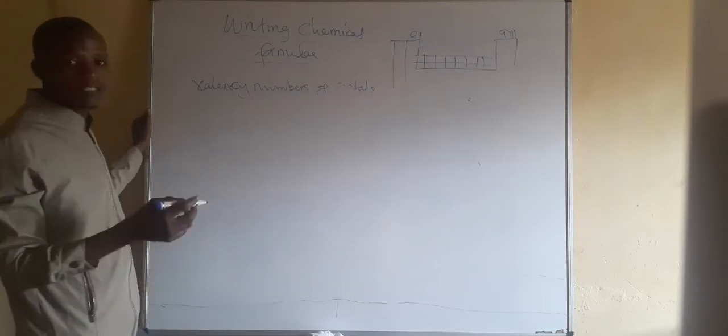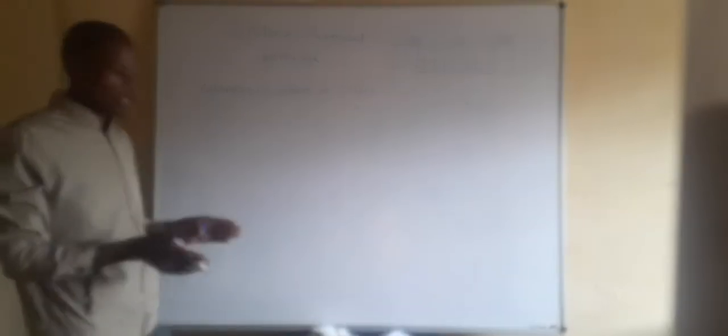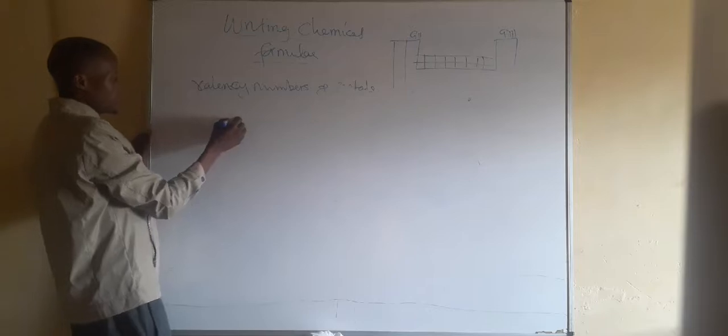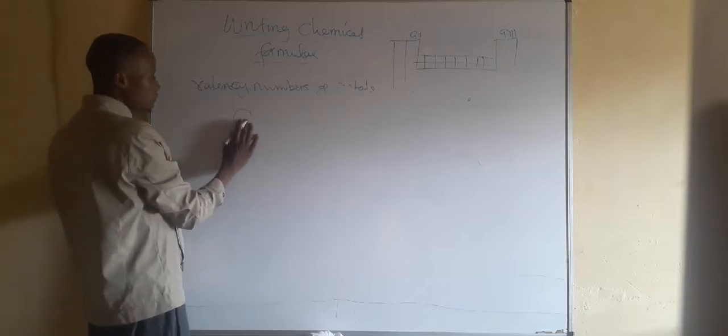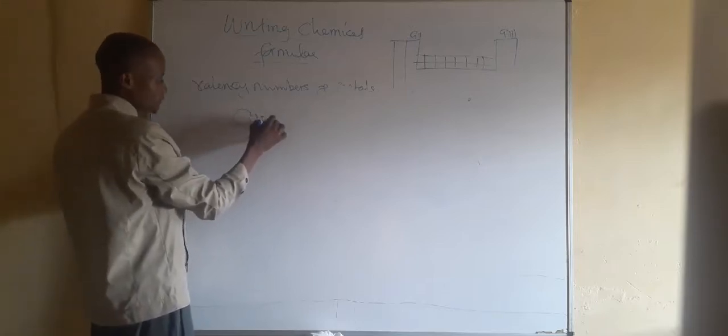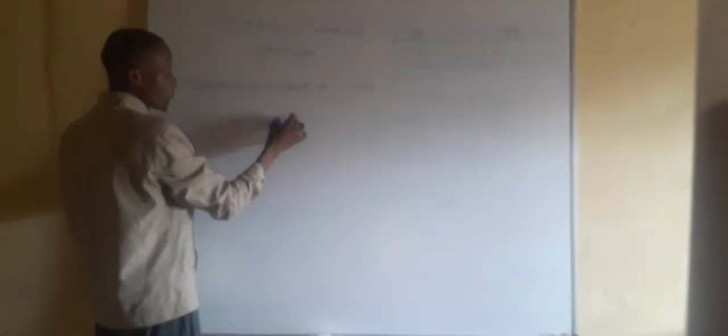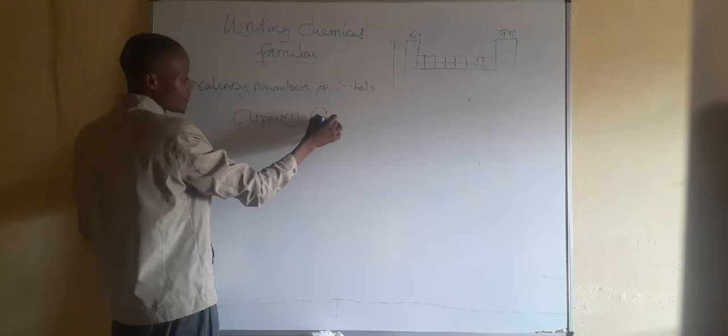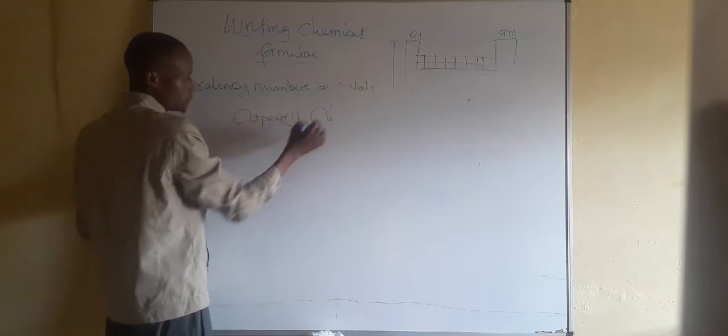Therefore, each valence number is given in brackets in the form of Roman numerals. For example, if they are talking about copper, they can say copper (I), which means that this copper has a valence number of 1.